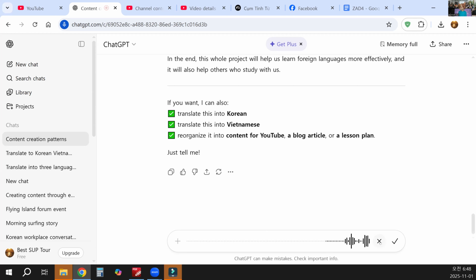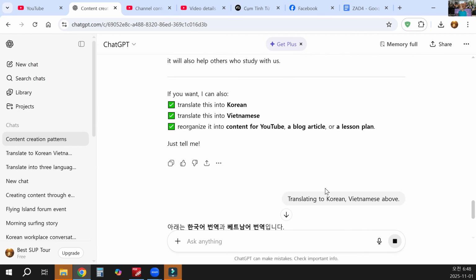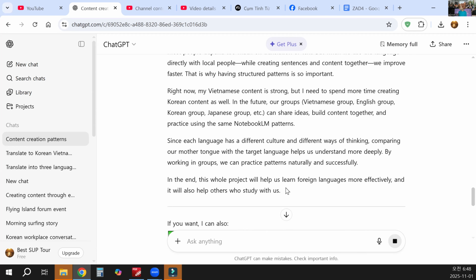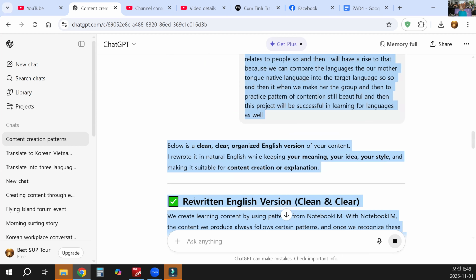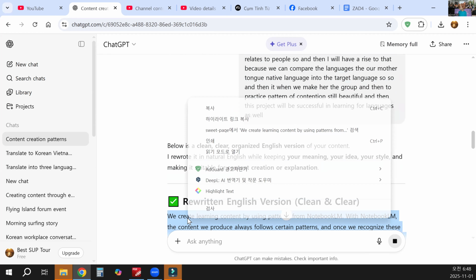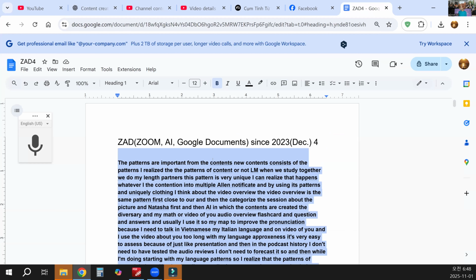Translating to Korean and Vietnamese above. Now I can get a new version.